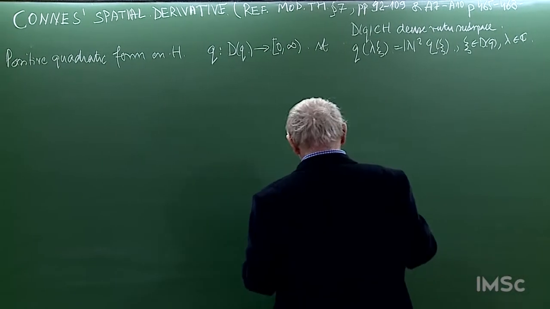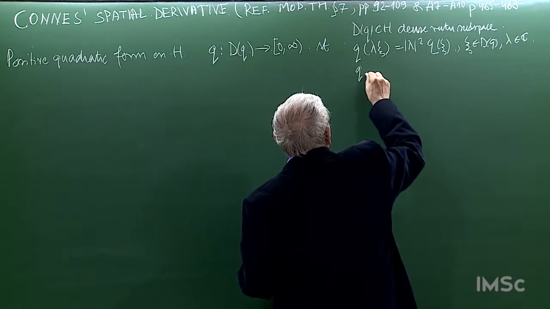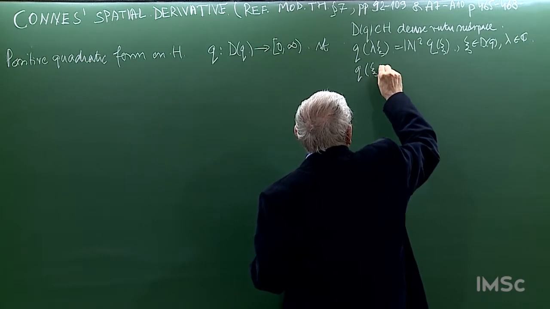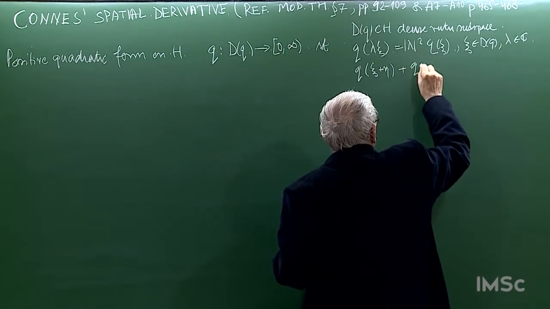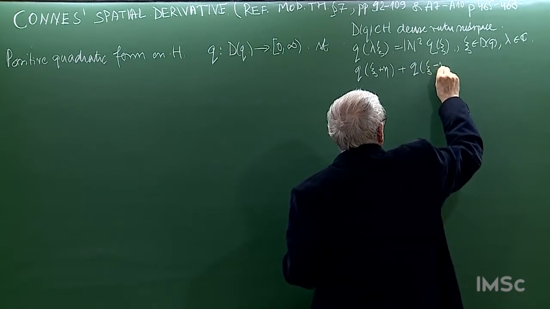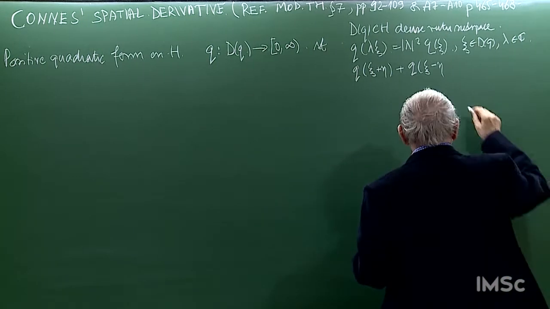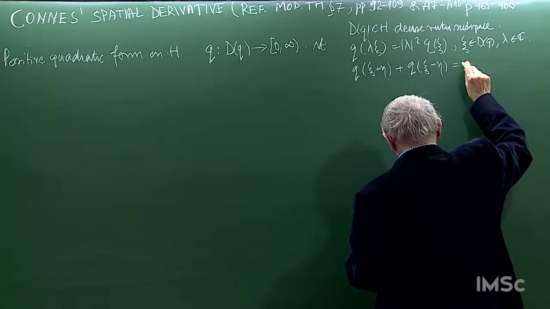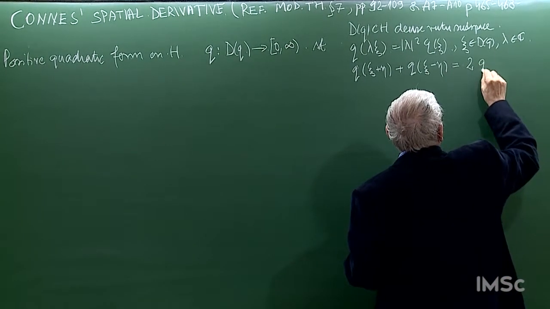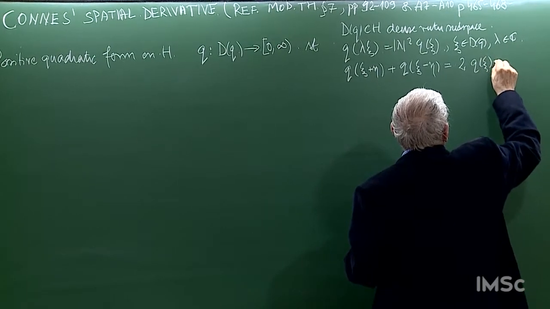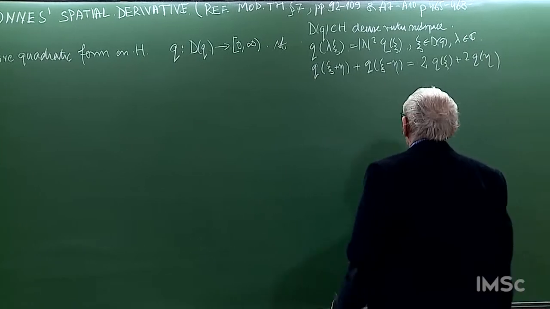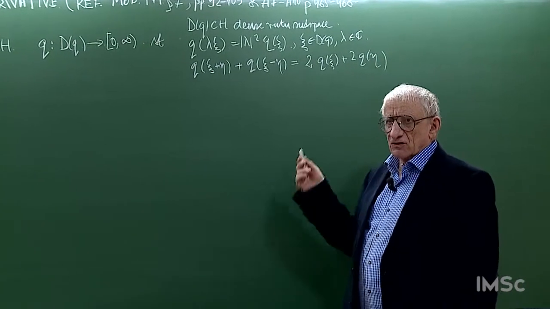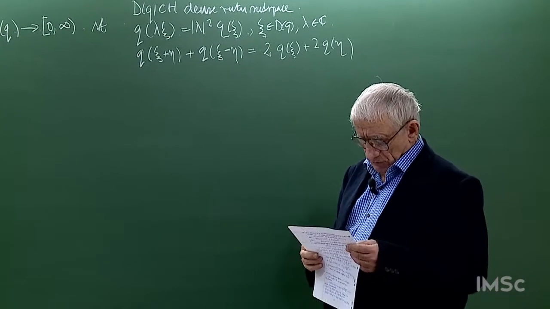And third, Q of xi plus eta plus Q of xi minus eta is equal to 2Q of xi plus 2Q of eta, so that this is a kind of parallelogram law.